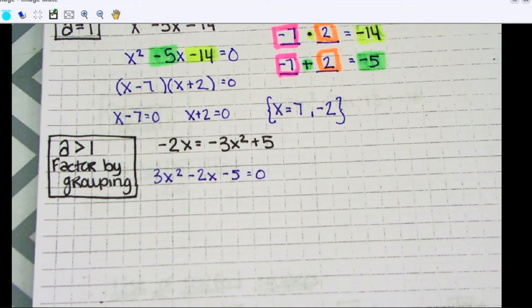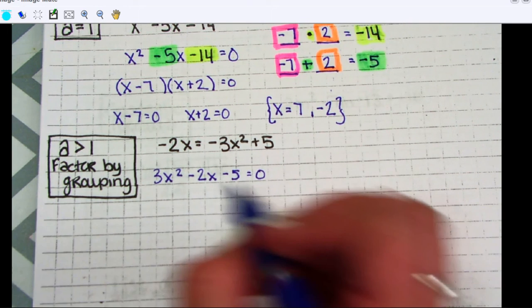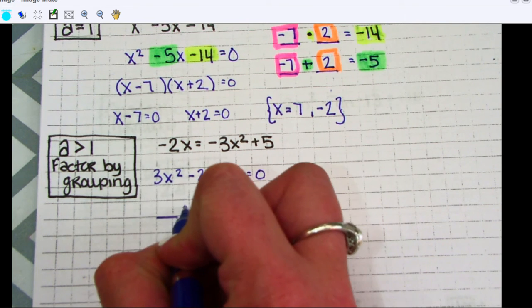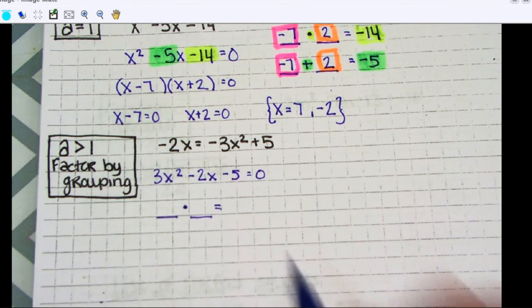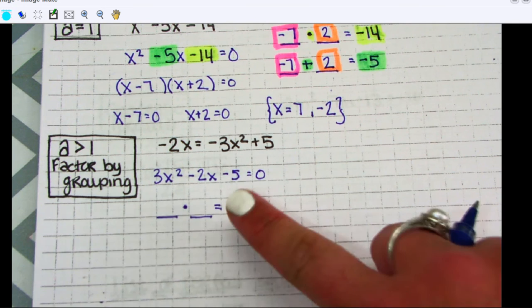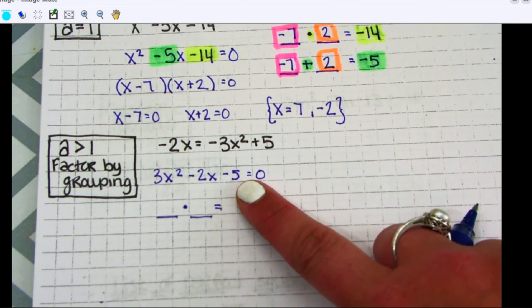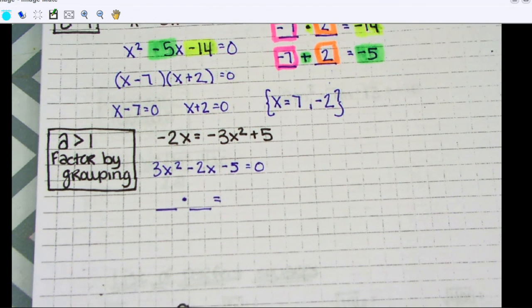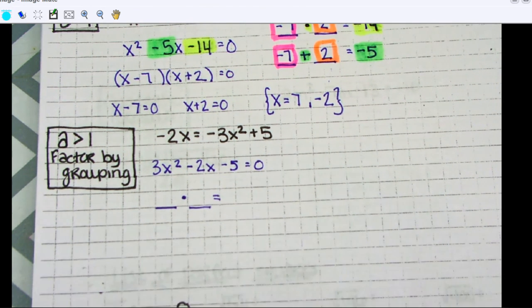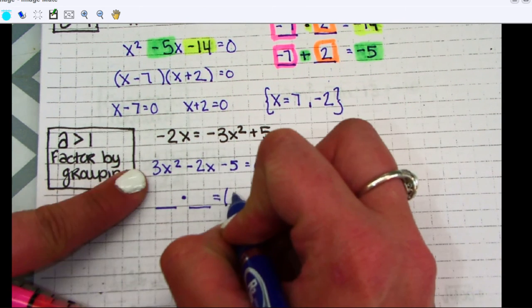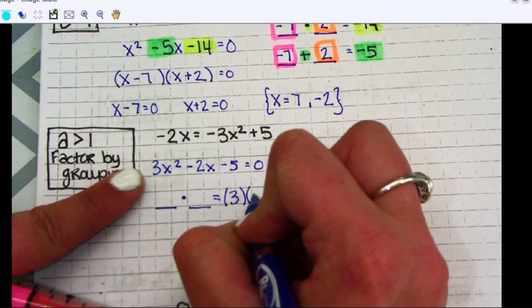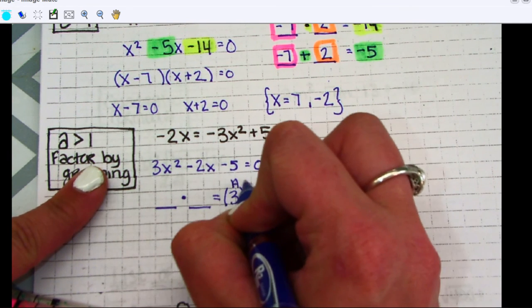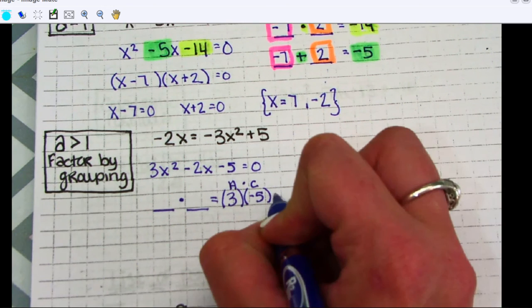Now we're going to do that AC method where we multiply the A times the C value. So again, we're looking for two numbers now. And instead of them just multiplying to -5, we need them to multiply to -15, because the A value is 3 and the C value is -5. So you take 3 times -5, or A times C, to get -15.